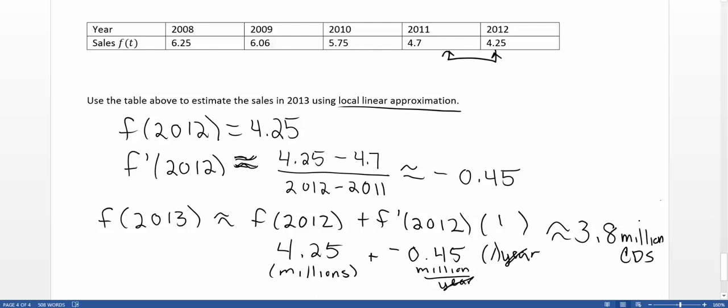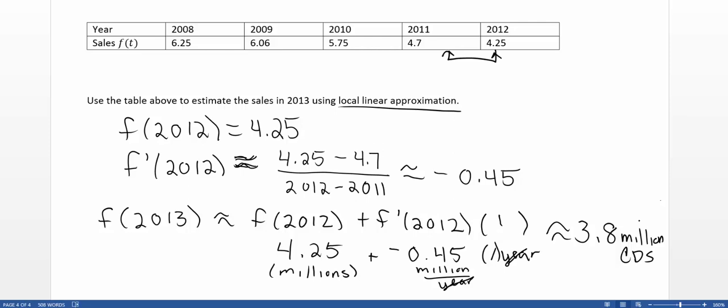Now, as we said before, the further away you move from a point, the worse your approximation. However, I also want to add in that if we have to approximate the derivative to even use this function, that also weakens the approximation because we don't know the exact rate of change in 2012.